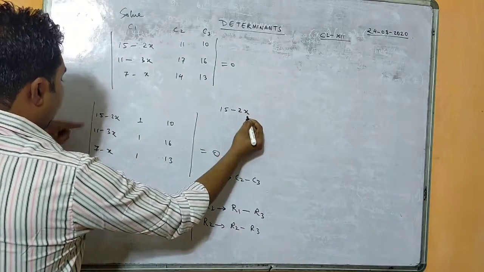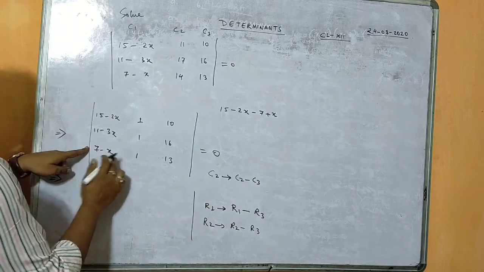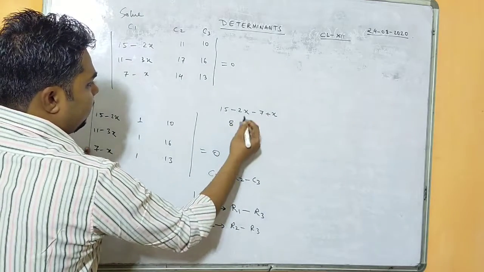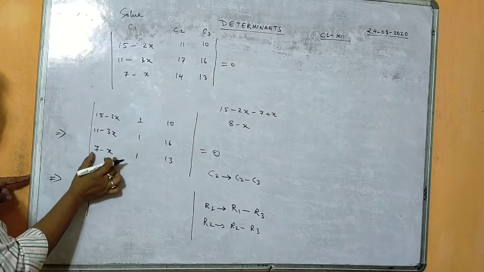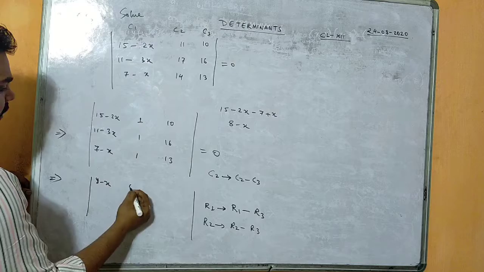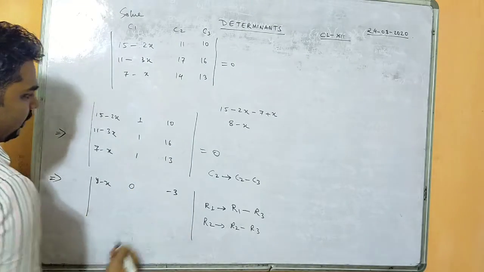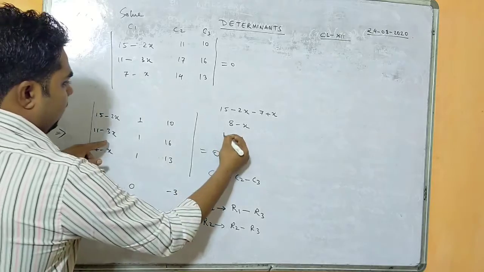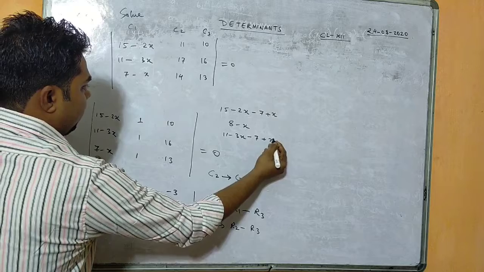15 minus 2x minus 7 plus x. Now when you subtract here, we will get 15 minus 7, that is 8, and here minus x, that means 8 minus x, that means this minus this, right? 1 minus 1, 0, 10 minus 13, that is minus 3. Now similarly, 11 minus 3x minus 7 plus x.